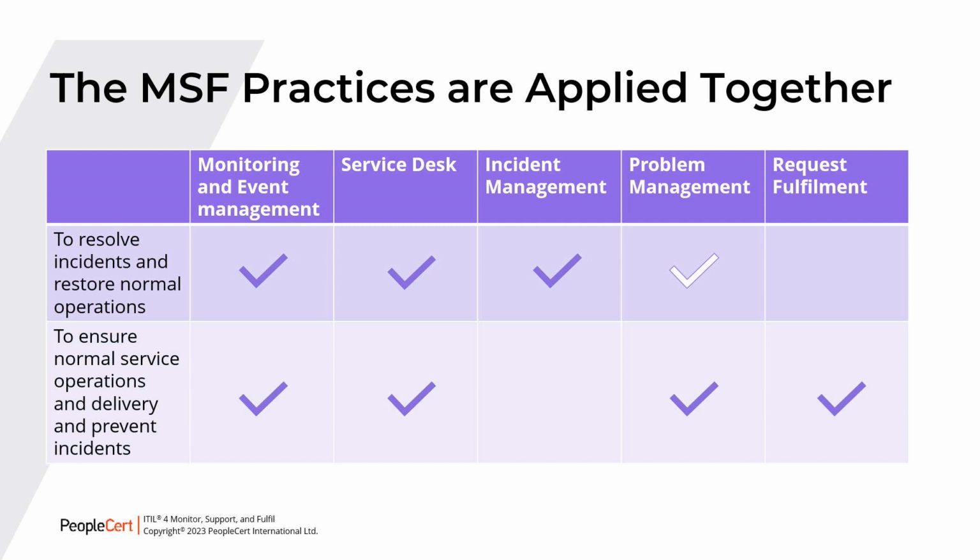You'll notice that incident management is not involved in that because it is reactive. It is there to detect incidents when they occur and resolve them so that service can be restored. You'll notice that request fulfillment is not about resolving incidents and restoring normal operations, because it is about providing services upon request.